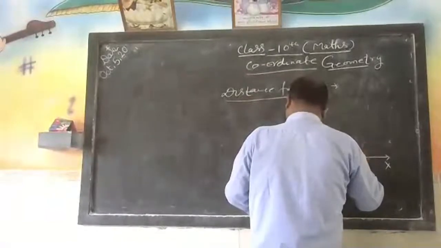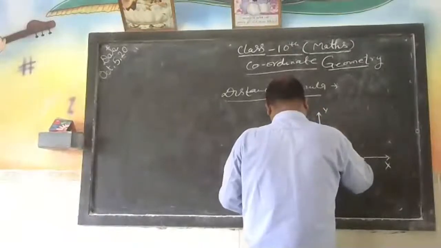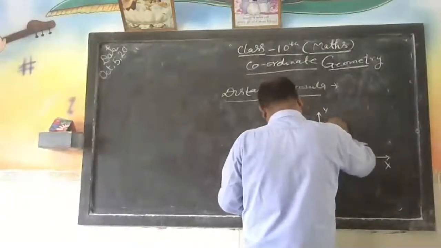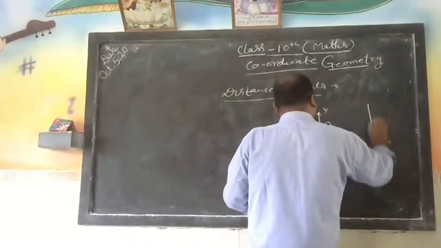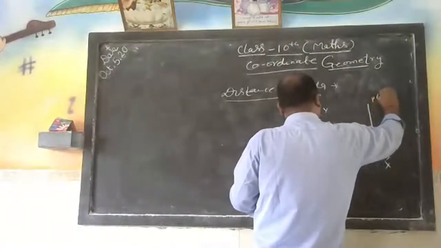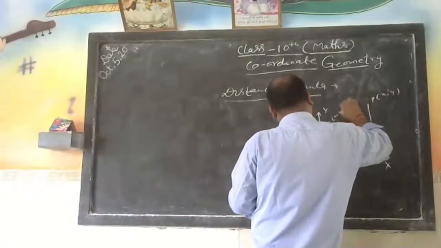And if this is the point Q and this is the point P (x1, y1), and this is (x2, y2).